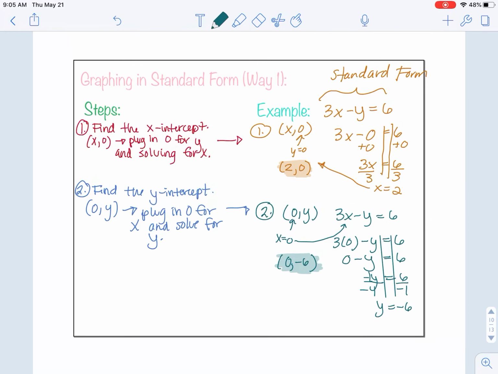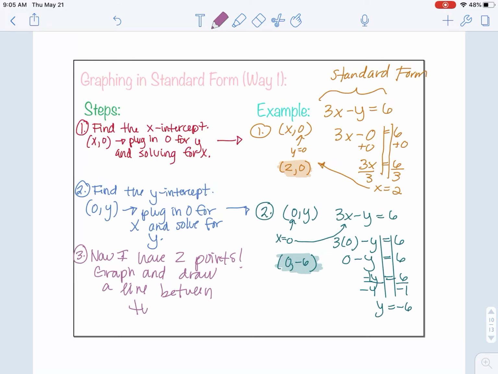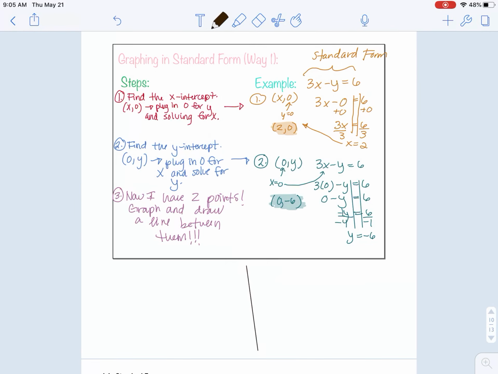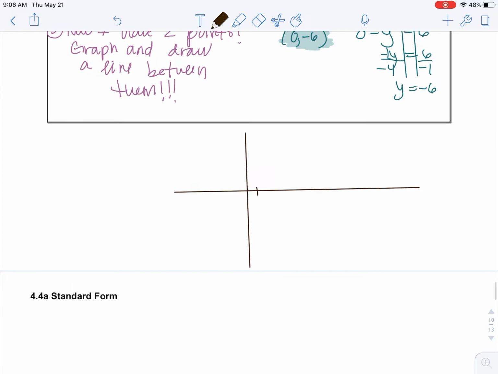Now I have 2 points. I can graph those 2 points and draw a line between them. If I had my graph, which I forgot to draw one, but that's okay, I can just quickly draw one here.